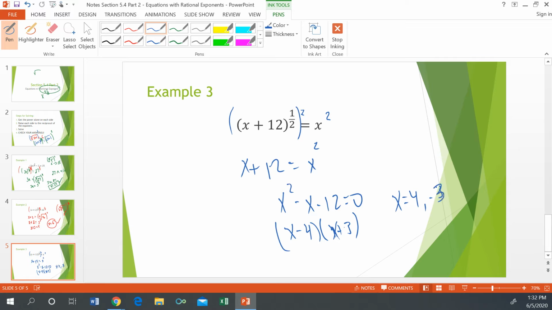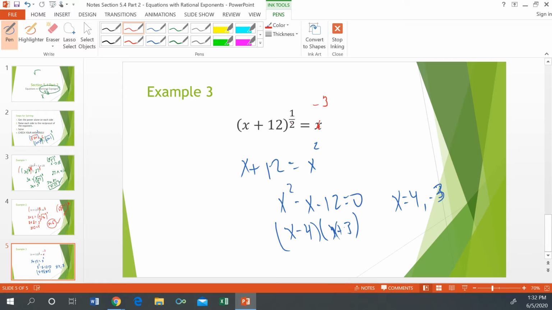Well, I can tell you right now, negative 3 is not going to be my answer. If I go back up here and take a look, the square root of any number will never be negative. This would really be the square root of 9, which would be 3, but 3 doesn't equal negative 3.